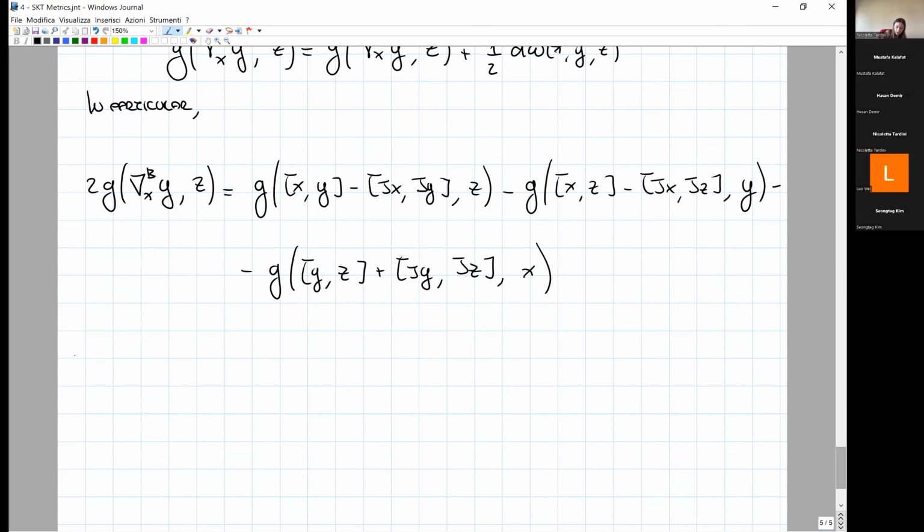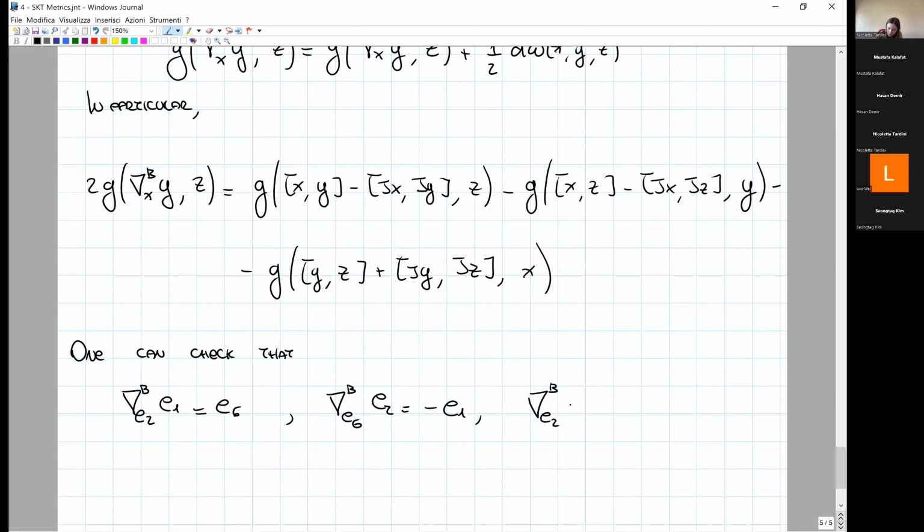One can check that the only nontrivial elements for the Bismut connection are nabla^B_{E2} E1 equal to E6, nabla^B_{E6} E2 equal to minus E1, nabla^B_{E2} E6 equal to minus E1, nabla^B_{E6} E4 equal to E5, and finally nabla^B_{E6} E5 equal to minus E4.